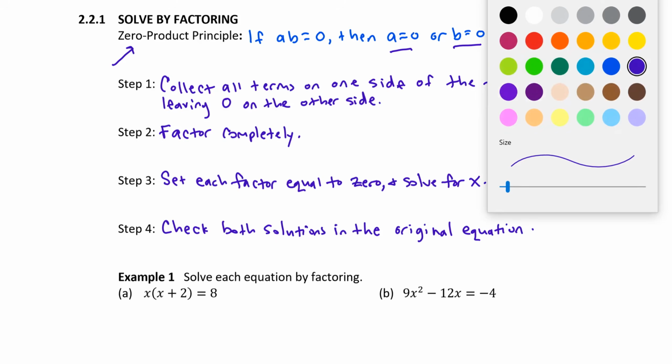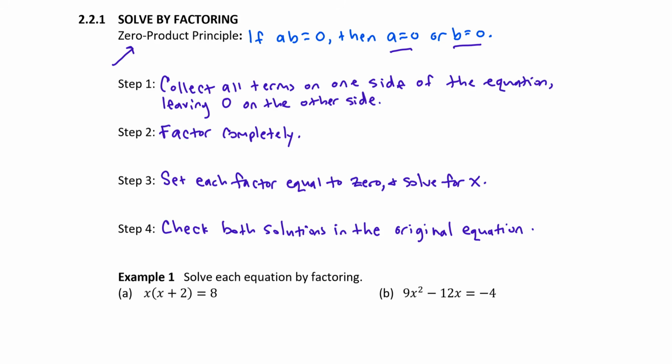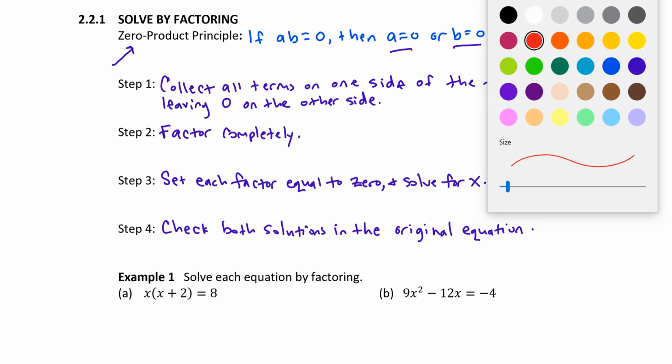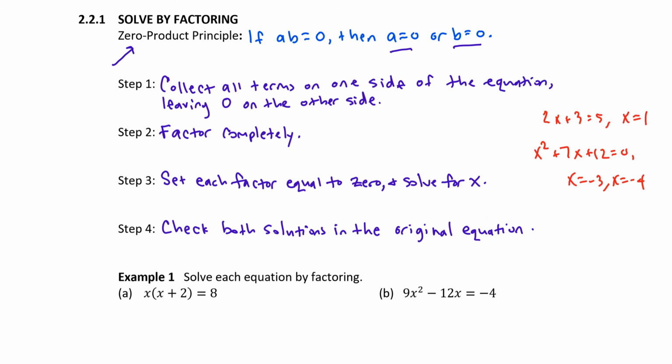Just as a reminder, when we solve a linear equation in one variable, something like this, we're going to get one solution. However, when we solve a quadratic equation, we're going to get two solutions. Okay, so the degree of the equation indicates the number of solutions.